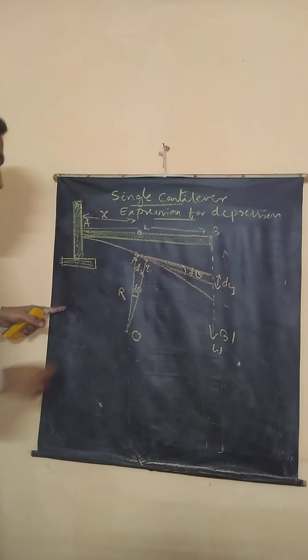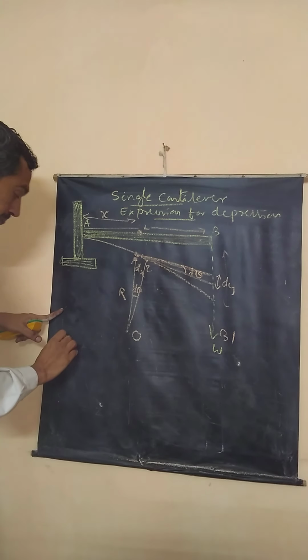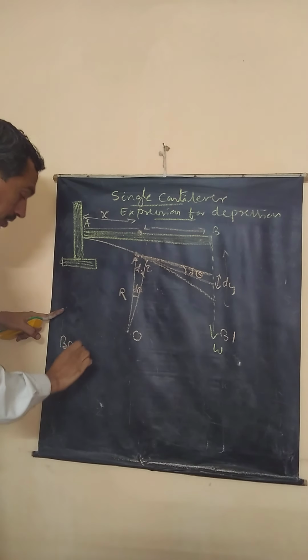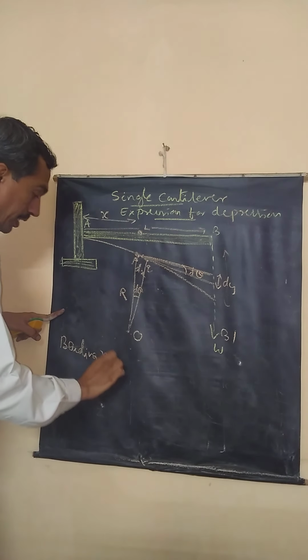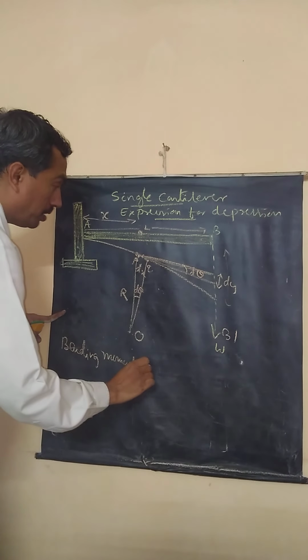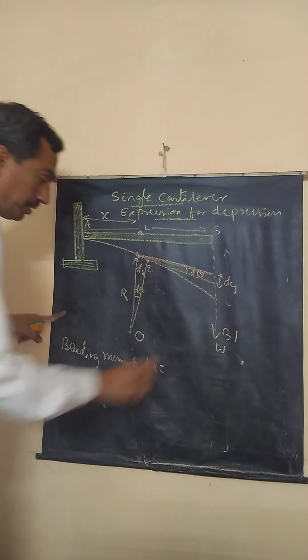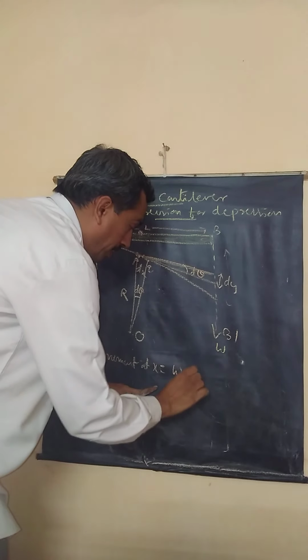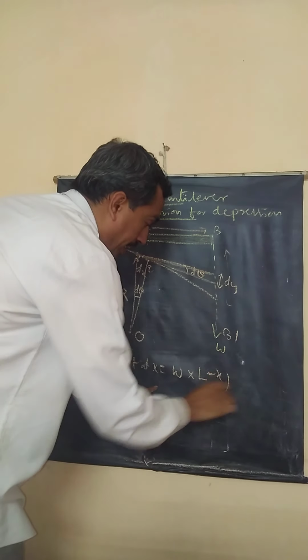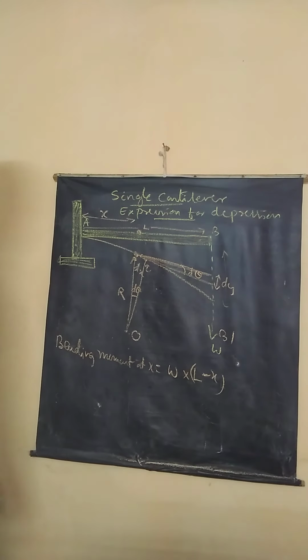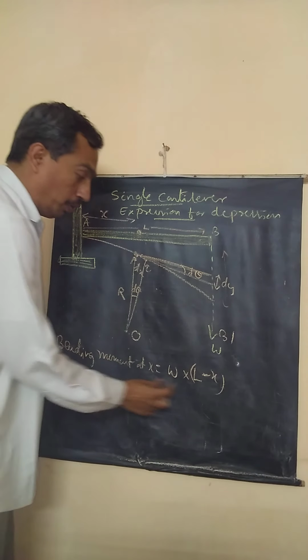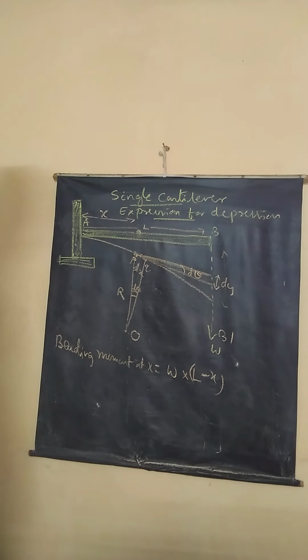Now using the expression for bending moment, we can arrive at an expression for total depression Y. So first let us begin with the moment. Bending moment at x is load applied into distance. This is the basic expression for bending moment. Force into distance is moment.